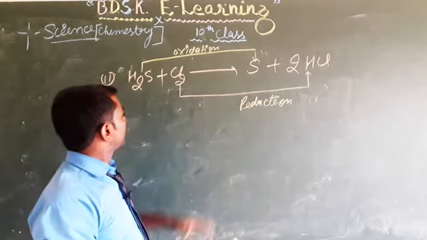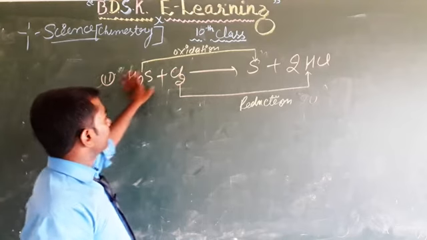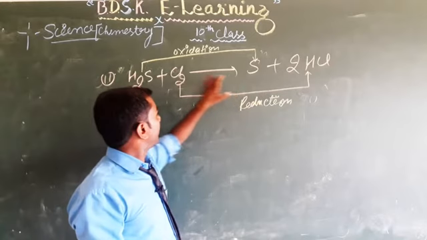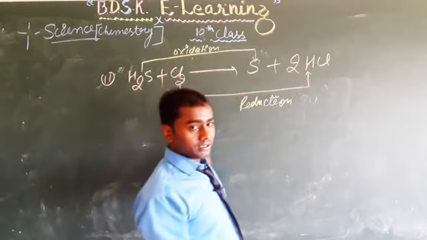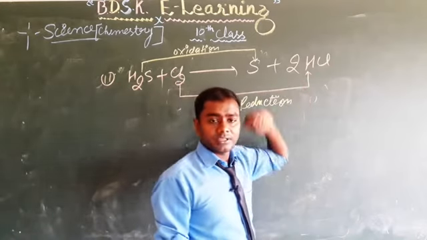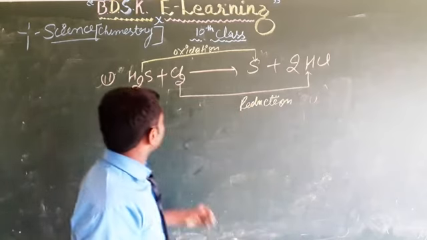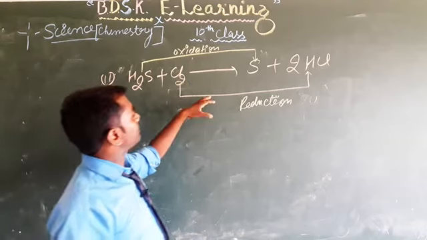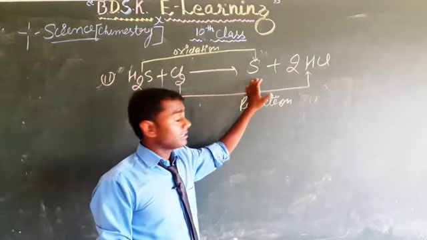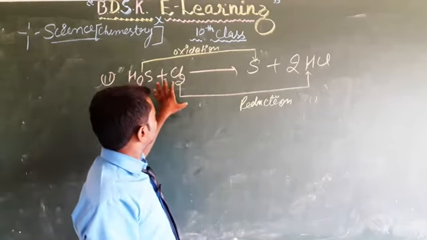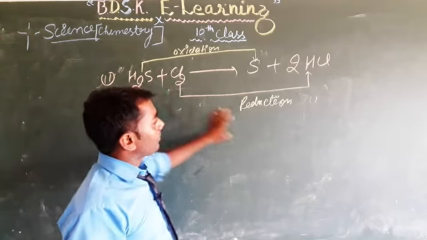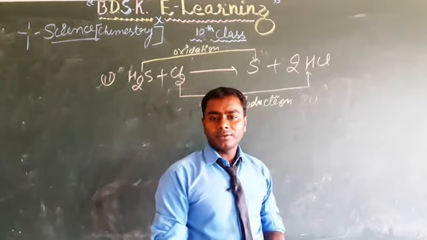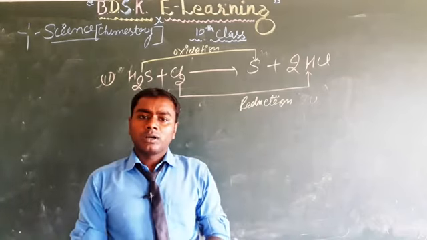Okay, in this, H2S loses hydrogen and forms S, and Cl2 gains H to form 2HCl. Okay, meaning H2S is oxidized to S, and Cl2 is reduced to 2HCl.